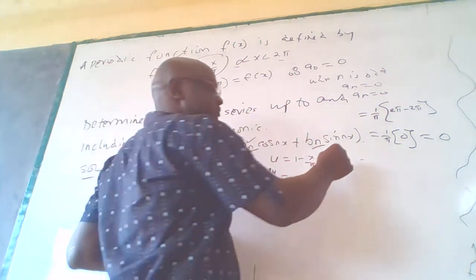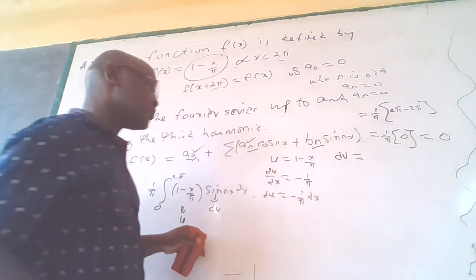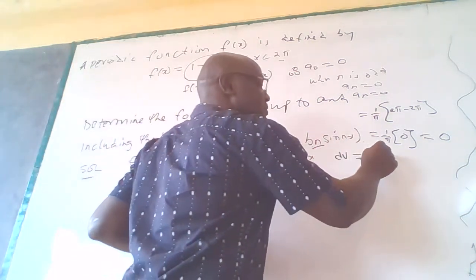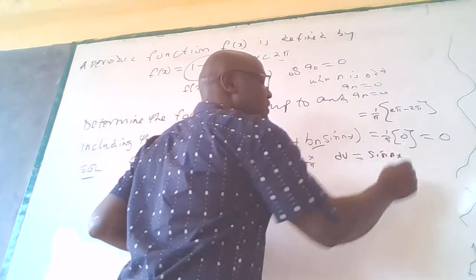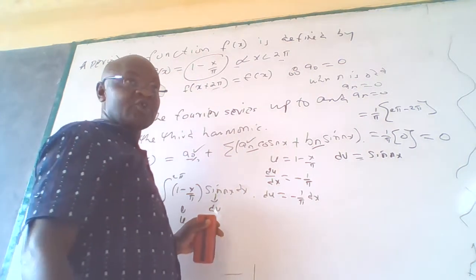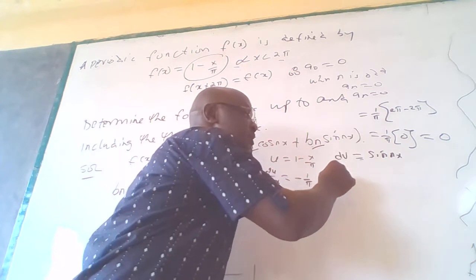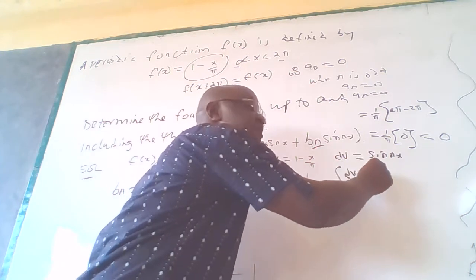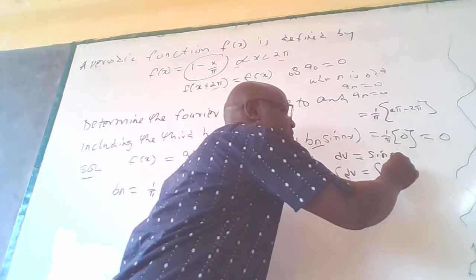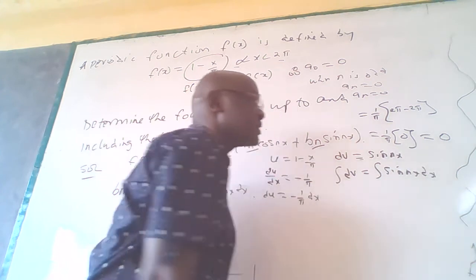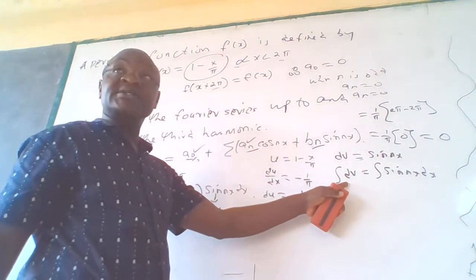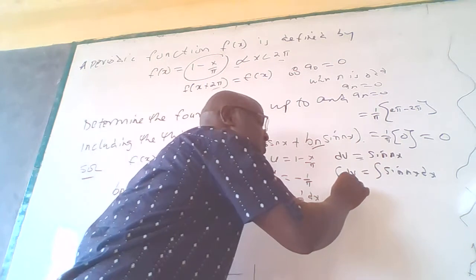And then we have dv, which equals to sine nx. So to get the value of v, we integrate both sides of that equation. The integral of dv equals to the integral of sine nx dx. When you integrate dv, you get v.